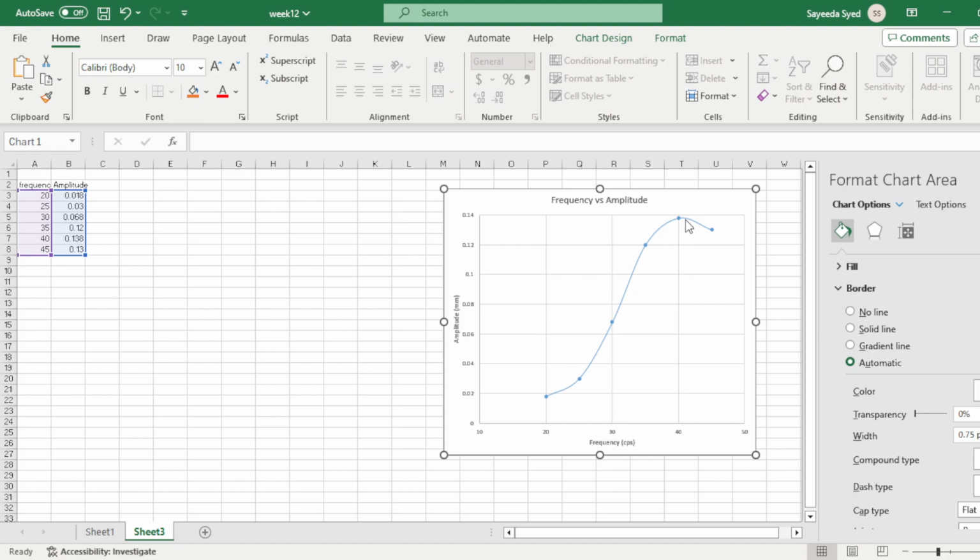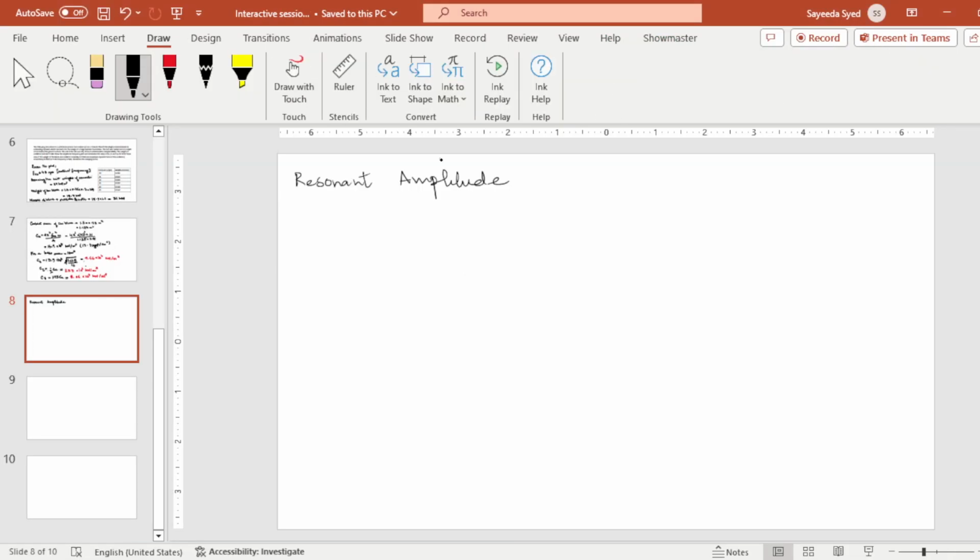So we can say that resonant amplitude of vibration at a frequency of 43 Hertz.